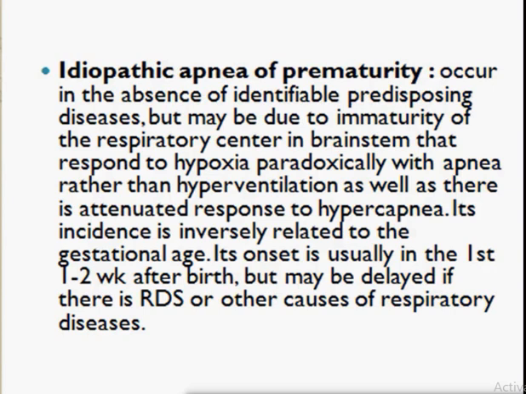Its incidence is inversely related to the gestational age. Its onset is usually in the first 1 to 2 weeks after birth, but may be delayed if there is RDS or other cause of respiratory disease.